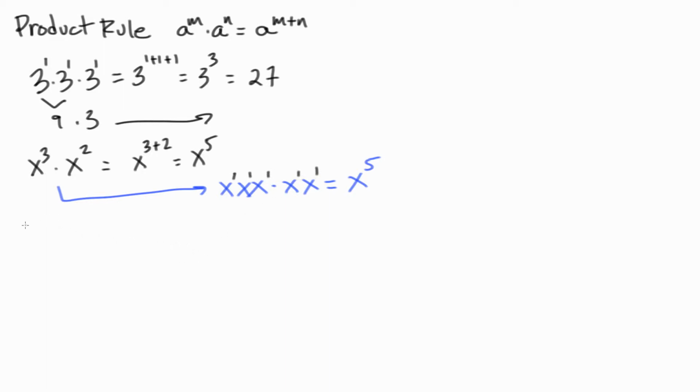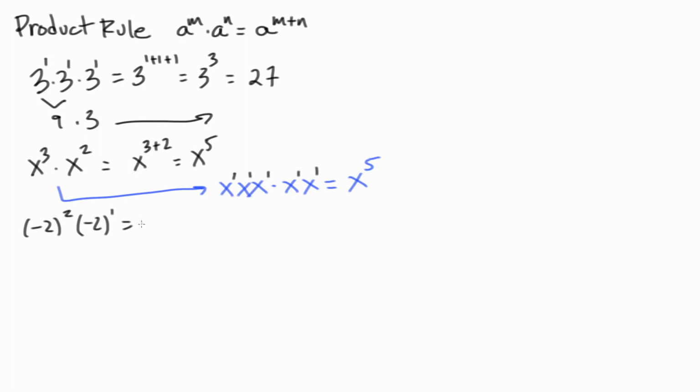Okay, so what about if I had something like negative 2 in parentheses squared, times negative 2, right? What about if I had this situation? Well, this factor of negative 2 has an exponent of 1.